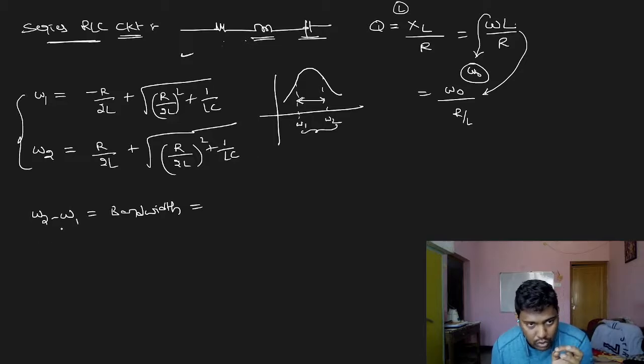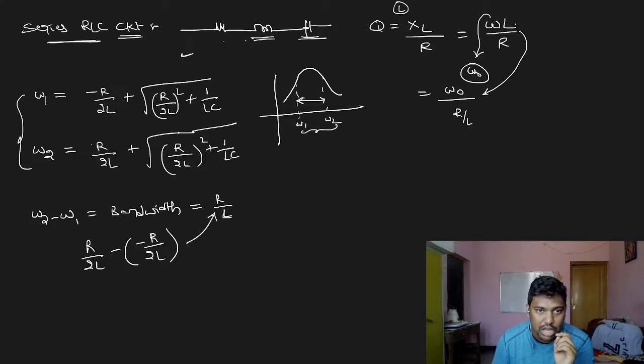What is the bandwidth from here? If you do omega 2 minus omega 1, the square root component cancels and the two R by 2L terms get added. After simplifying, it will be R by L directly. That is how we got bandwidth as R by L.